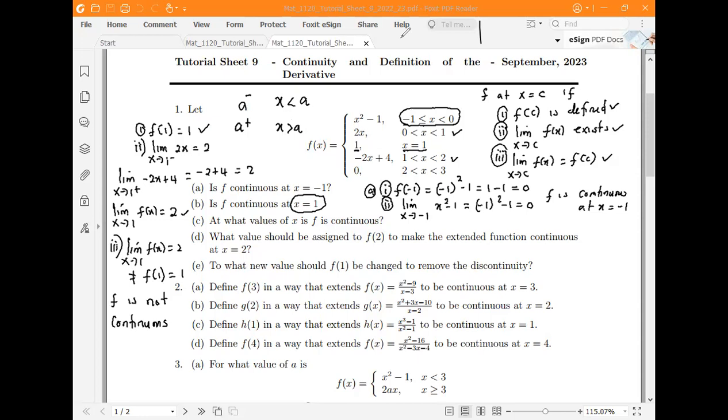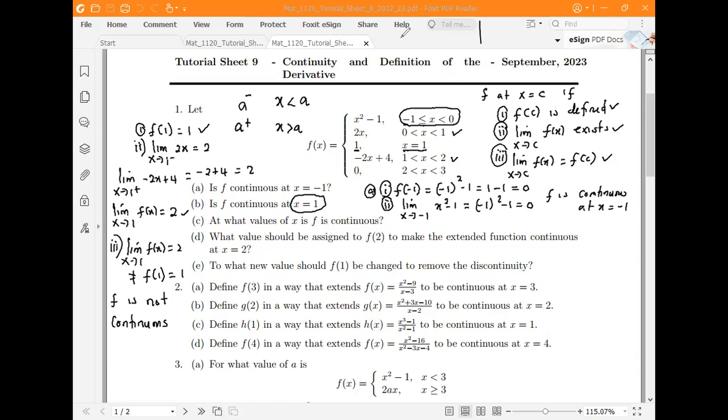Sir, sorry, sir. What of on A? How did you find which equation you used for x equal to -1? So x equal to -1 only appeared once. And the time it appeared, the -1 was included. So we didn't bother to look at any other direction because we are only seeing -1 once.